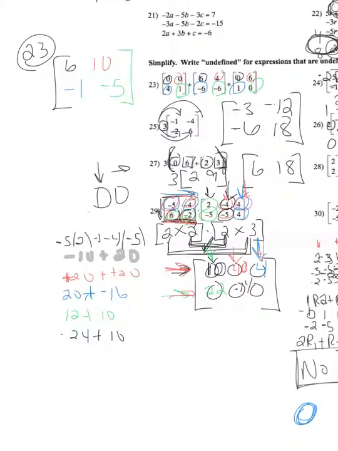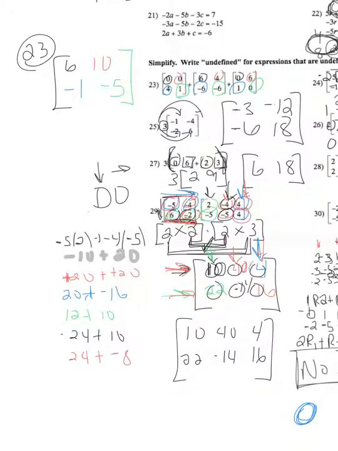So 6 times 4 is 24. And then -2 and 4 is -8. So 24 minus 8 is 16. So there's our answer. I'll clean it up here just a little bit. So what do we have here? 10, 40, 4, 22, -14, and 16. That's how you do matrix multiplication.